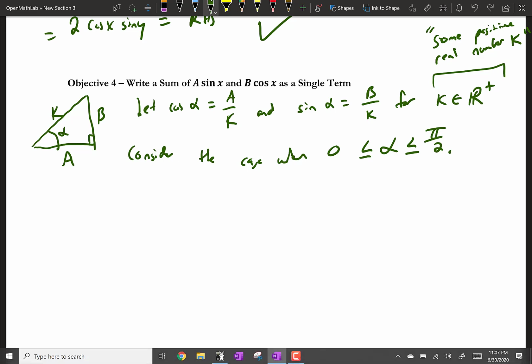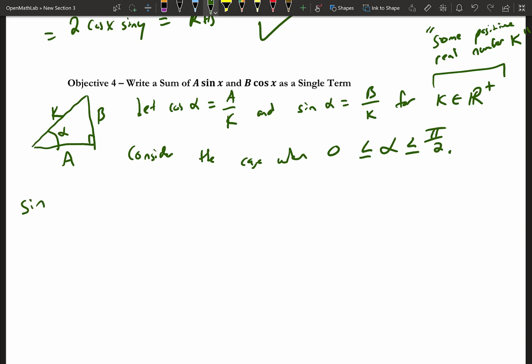All right. Now what we can write is sine of (x + alpha) is equal to, using the sum formula, sine x cosine alpha plus cosine x sine alpha. We know what cosine alpha and sine alpha are; we defined those above in terms of a, b, and k.